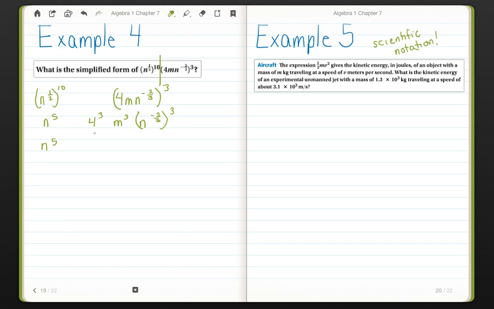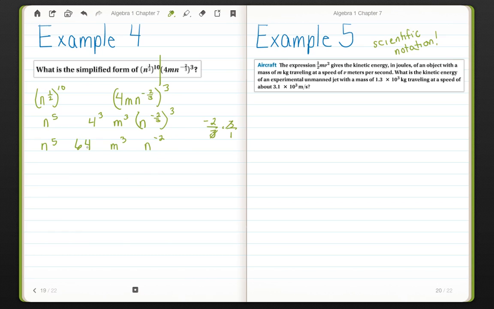N to the 5th. 4 to the 3rd is 4 times 4 is 16 times 4 is 64. M to the 3rd. Now n to the -2/3 times 3. If I cross cancel, we're going to get -2.